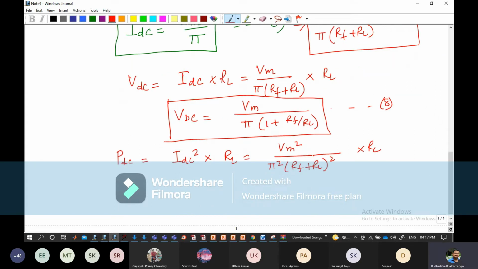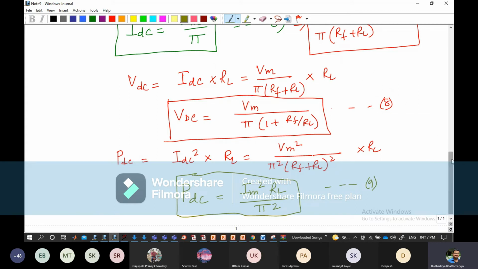And after a little bit of manipulation, you can observe that we can directly write PDC is equal to Im square into RL divided by pi square. So this will be the total power that is dissipated as DC power. All right, so this is another equation, maybe I can write it as equation number 9.